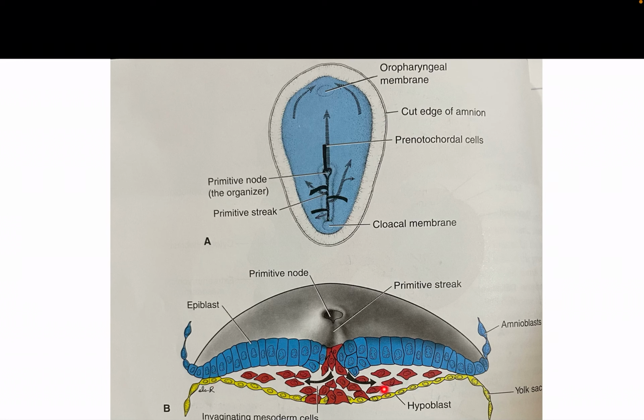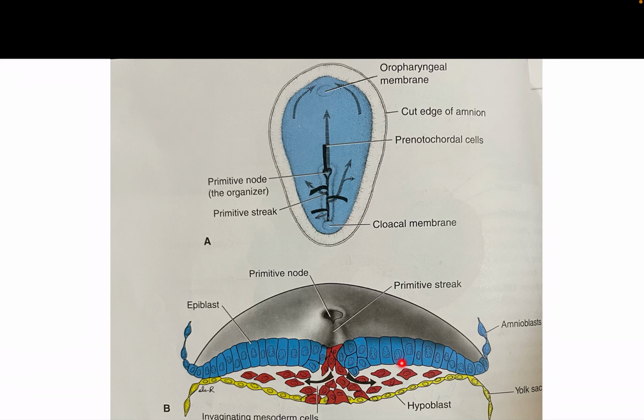Now the cells which are migrating from this epiblast layer toward the primitive streak dip in the primitive streak groove and pass downward through the streak.